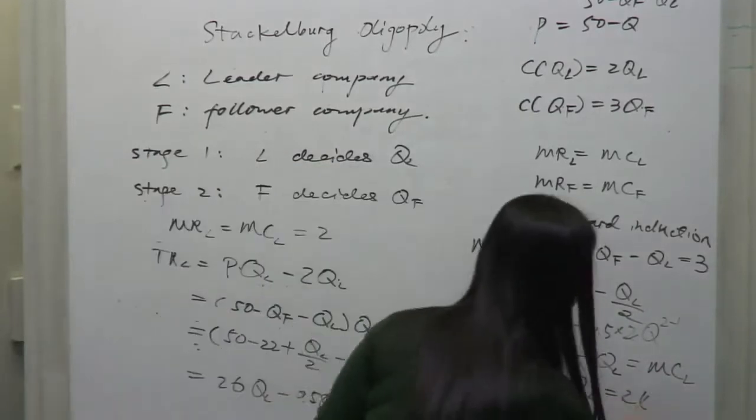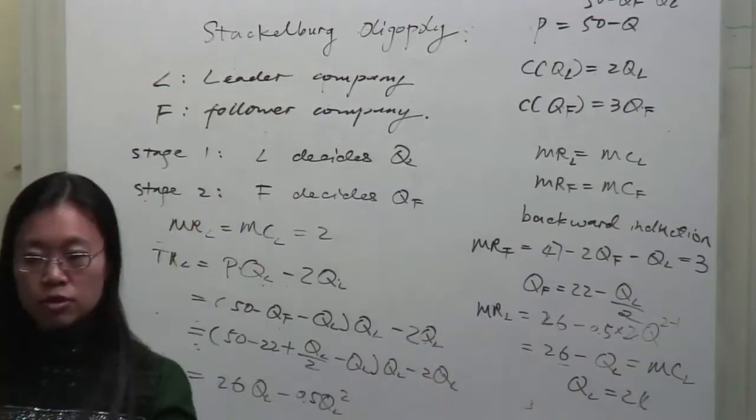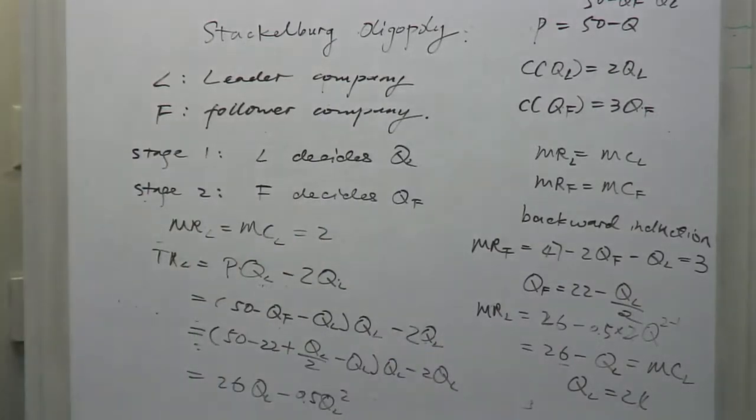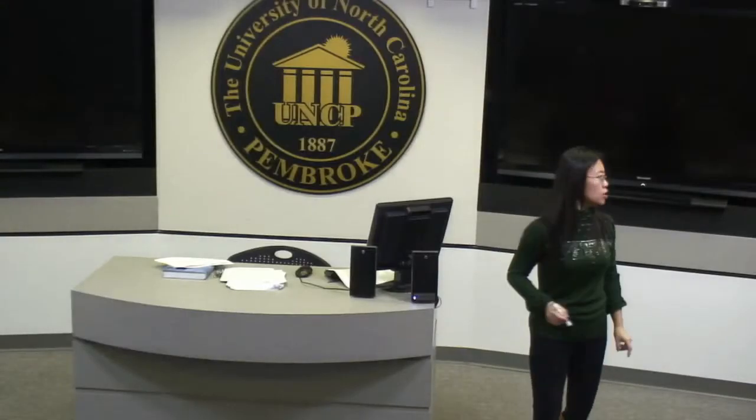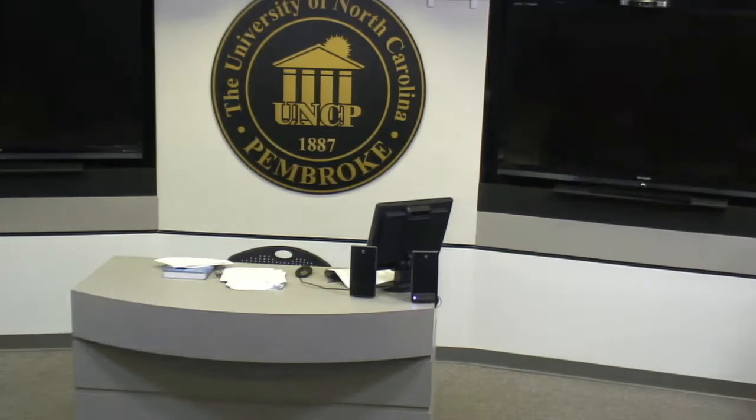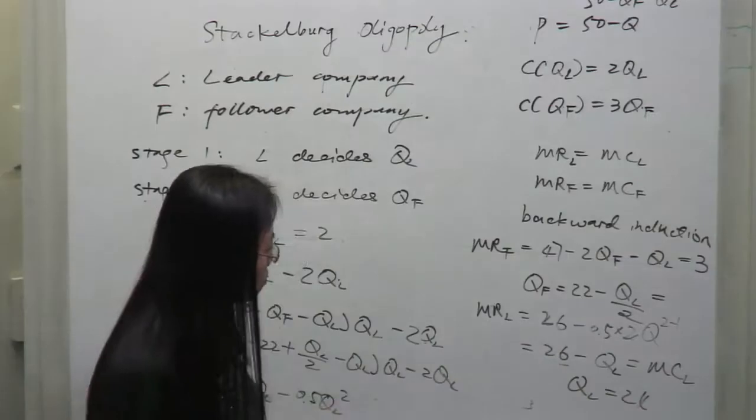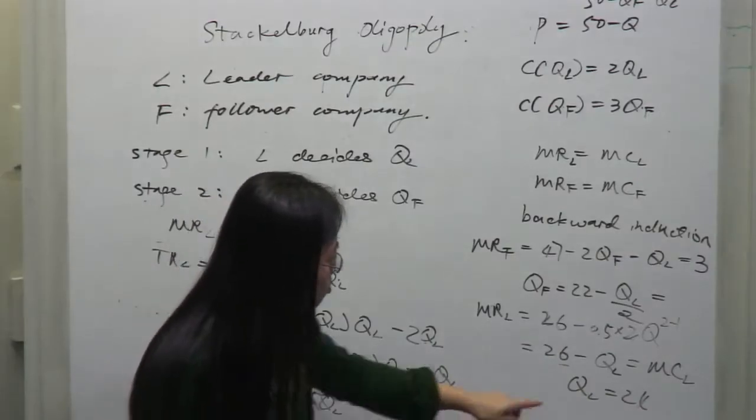Okay, once we find the leader's output, how do we find the follower's output? Plug it back, right? So what is the follower's output? Let's calculate it. QL divided by 2 will be 12. Wait, I'm sorry, QL equals what? Oh, that's a 4.